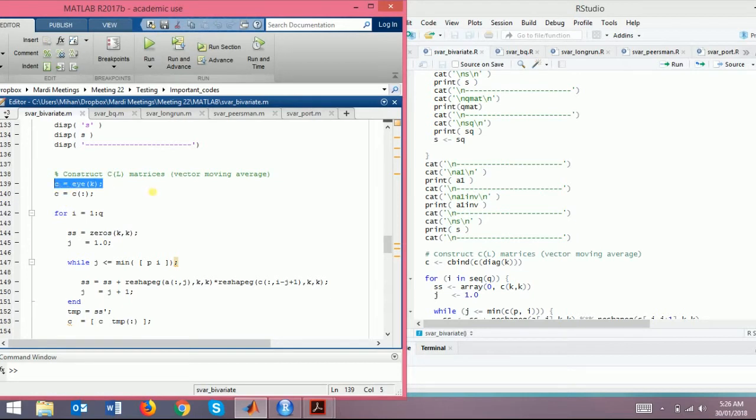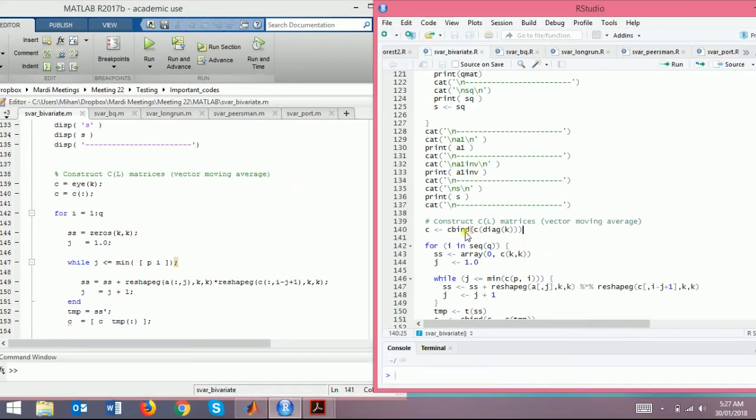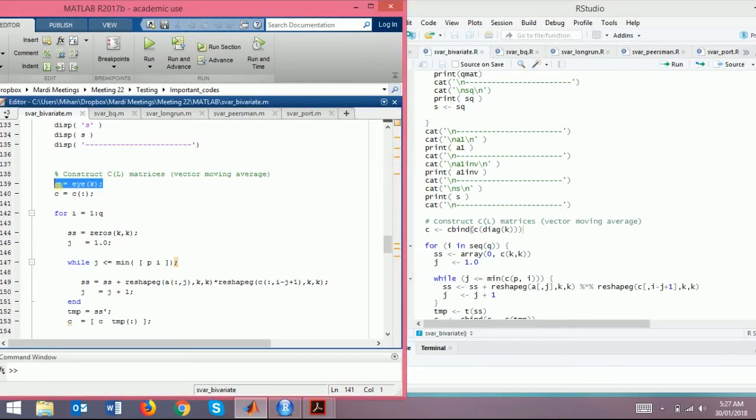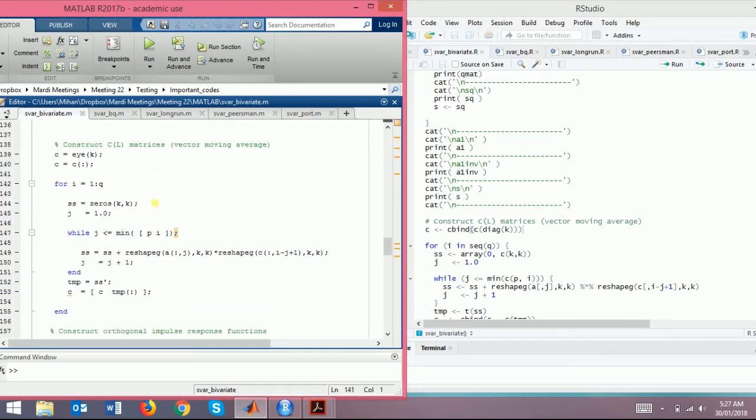So we have an identity matrix of 2 by 2, adjusting to the number of variables, and all the elements are from there. We take all the elements in our moving average parameter. So C is simply a column bind of the diagonal elements, and all the elements are stored in C in the 2 by 2 matrix.